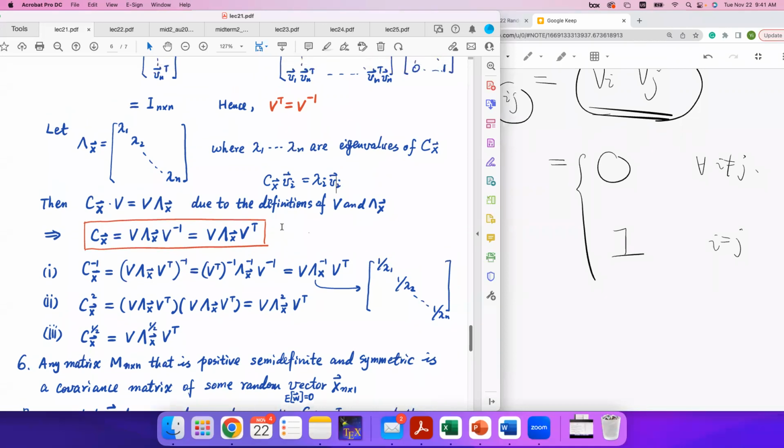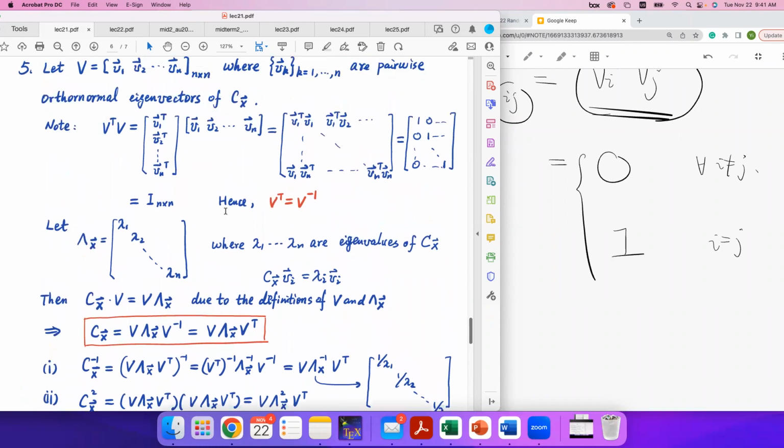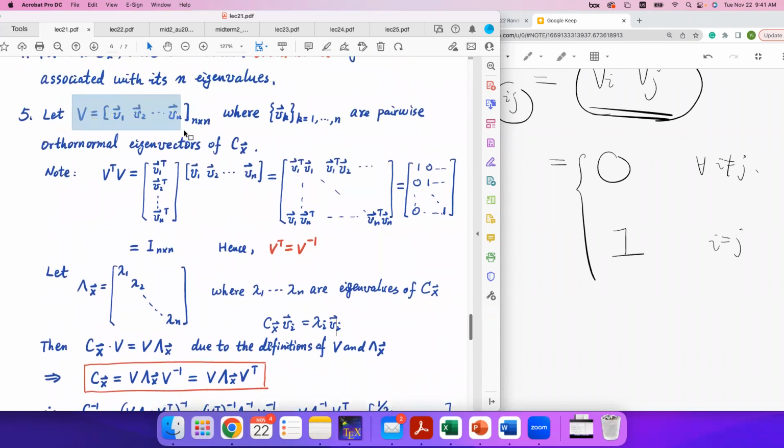Therefore, any symmetric PSD matrix can have such an eigen decomposition. This matrix V and V transpose is defined by stacking all the eigenvectors in this way.